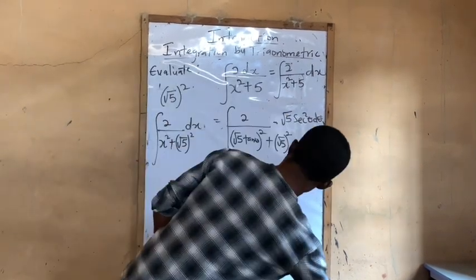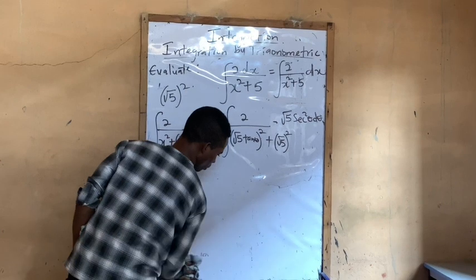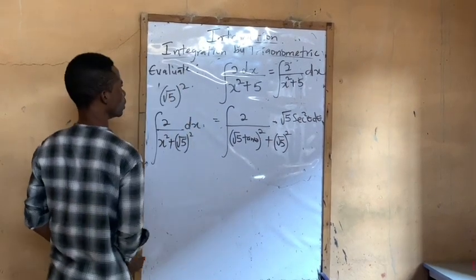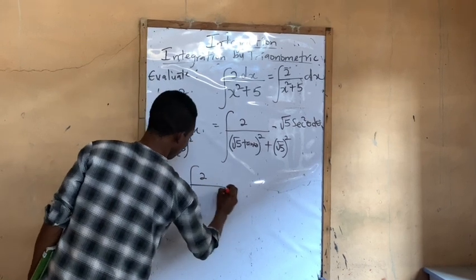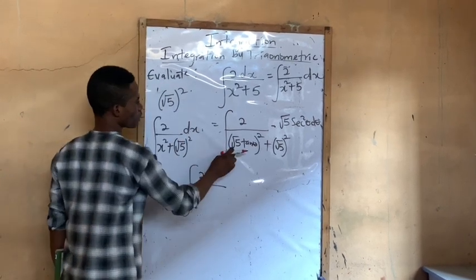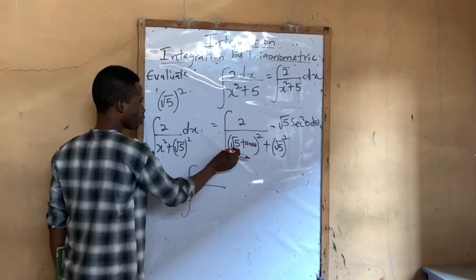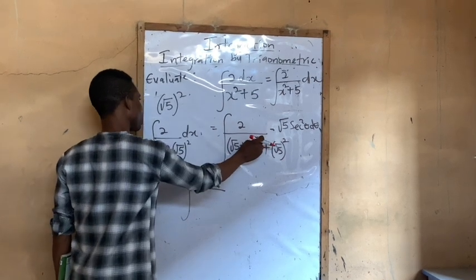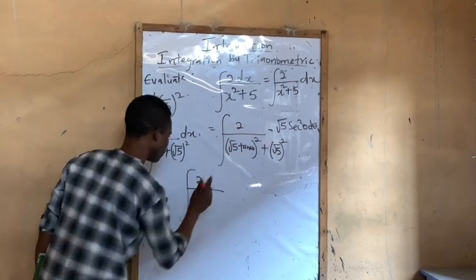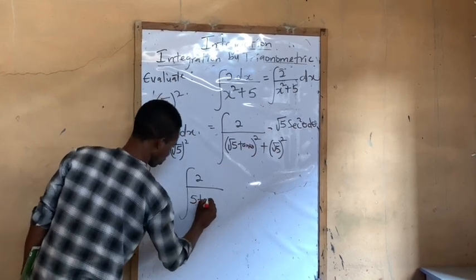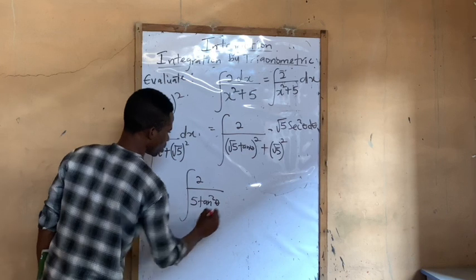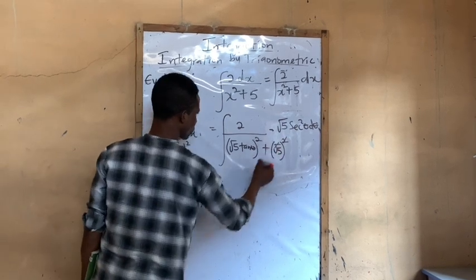So the next thing to do now is the integral of 2 all over, you see this one is meant for this and it's meant for this. Root 5 squared, we cancel the square and the root, so we are going to have 5 left. And this one will be tan squared theta. Plus, this also cancels this, plus 5.